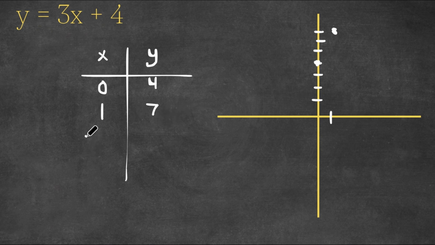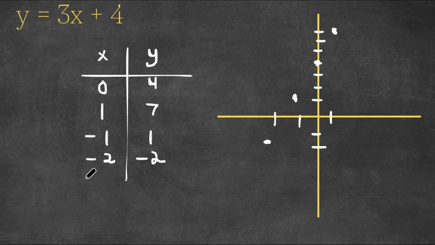So now let's go smaller. Let's go -1. If x is -1, then y would be 1. So now we have -1 and 1. Now if x is -2, we would have -2, and we have to go down by 2, so -2.